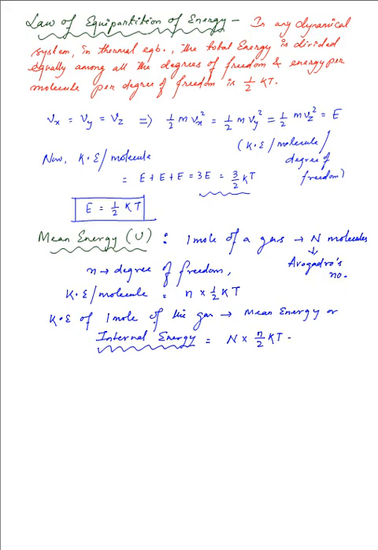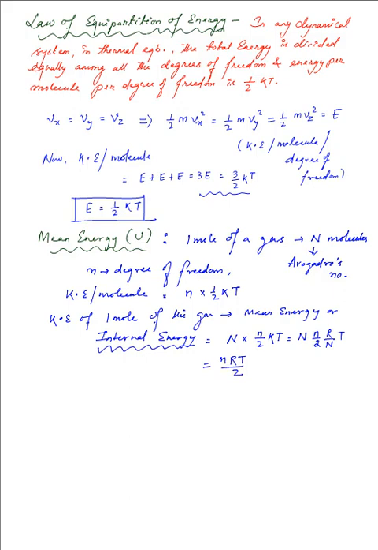That gives us N times n over 2, but k here is R over N, that is the gas constant over the Avogadro's number, multiplied with the absolute temperature. So the capital N, the Avogadro's number, cancels out and we are left with nRT over 2. This is the case with a given gas.